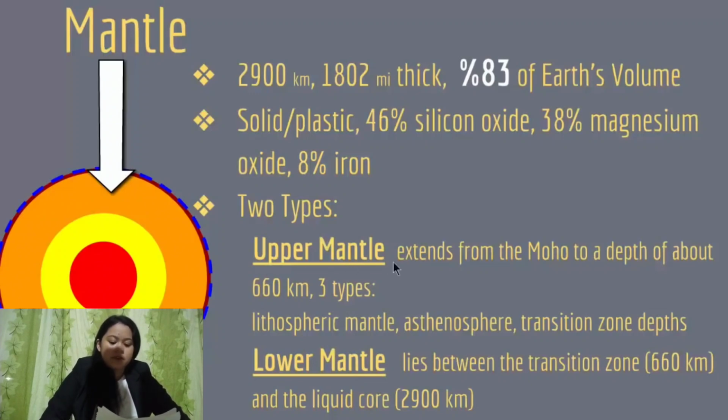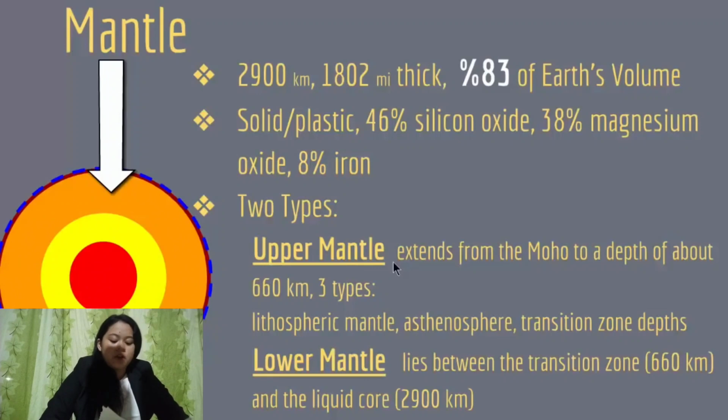The upper mantle extends from the Moho to a depth of about 660 kilometers, where we have three types of mantle: the lithospheric mantle, the asthenospheric mantle, and the transition zone rock.